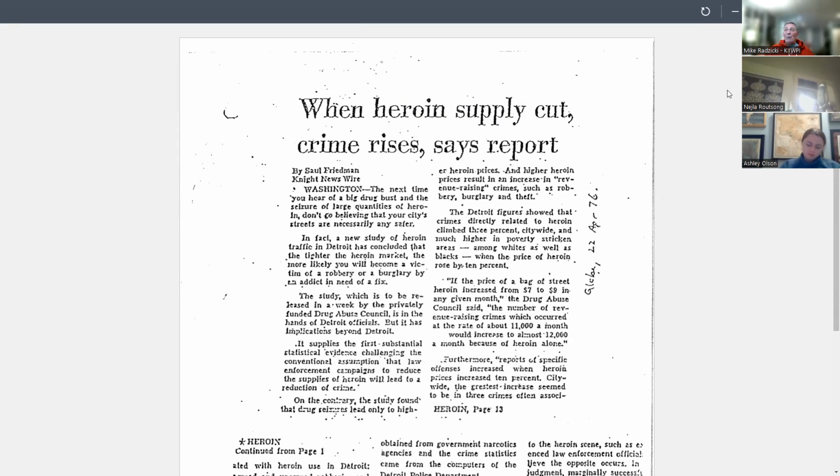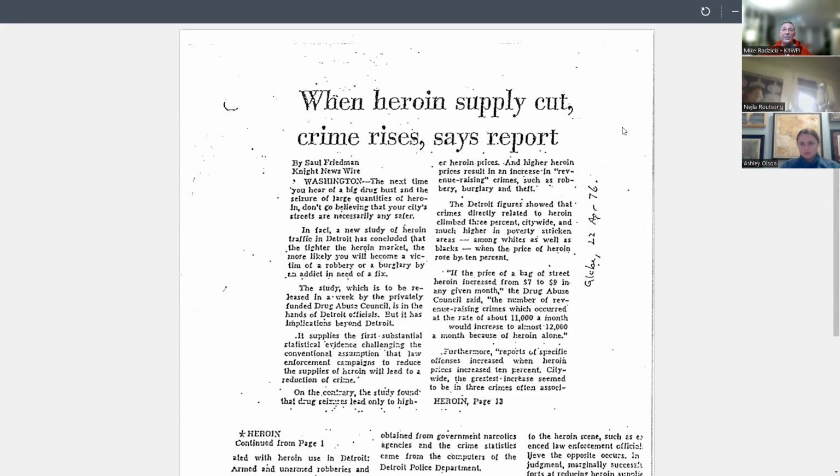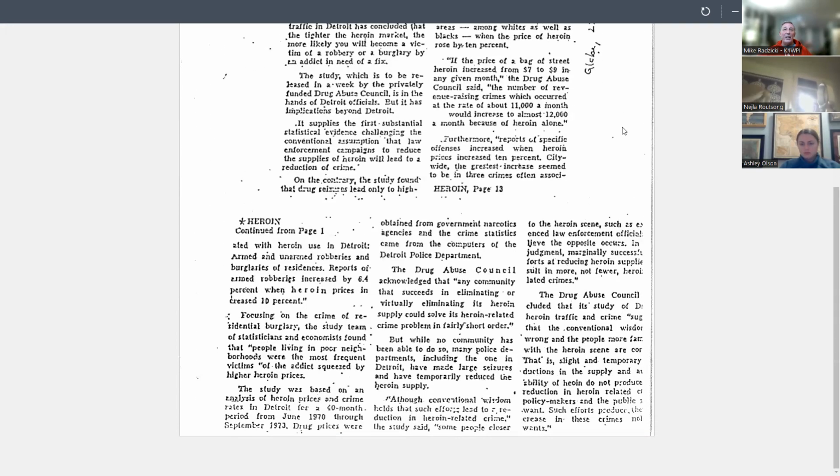What's their reward? They get more heroin-related crime. Why? Because the addicts are poor, and so they can't afford the price going up from $7 a bag to $9 a bag, it said. So what do they do? They commit more armed and unarmed robberies and burglaries of residences.